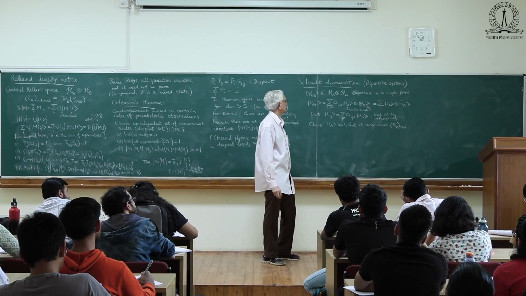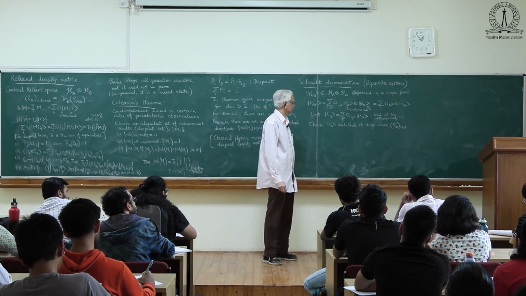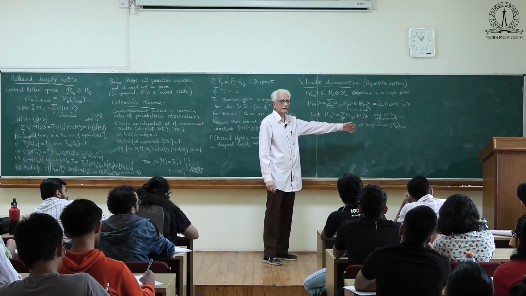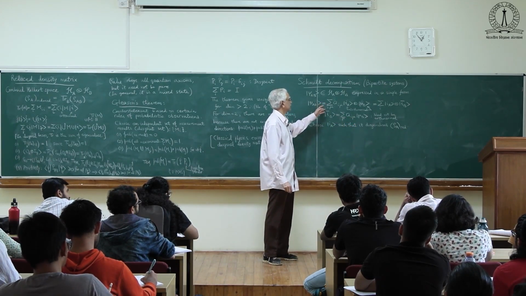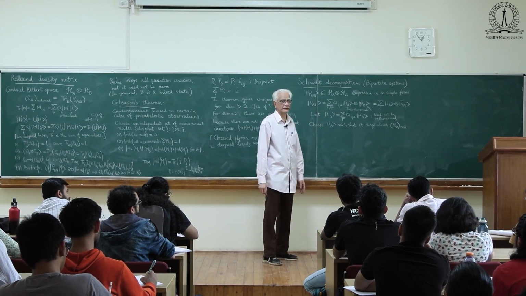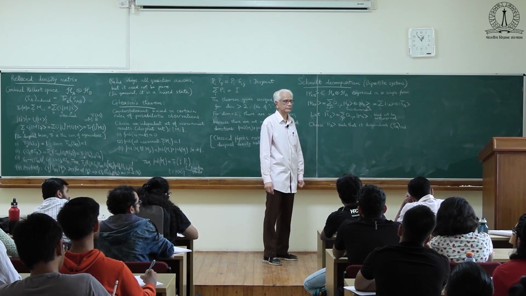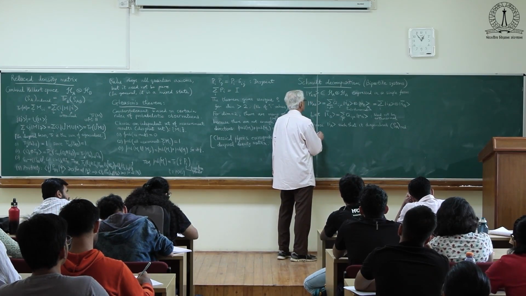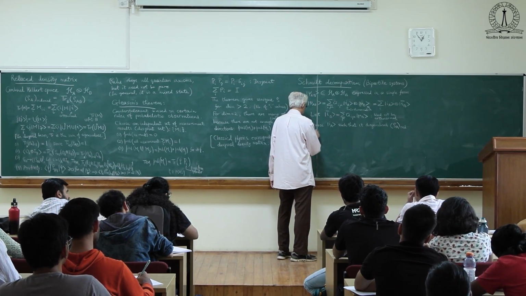What does it tell you? Well, for that I have to work out what is the reduced density matrix. But I have the definition of psi AB, and all I have to do is to take a trace. So let me do that.